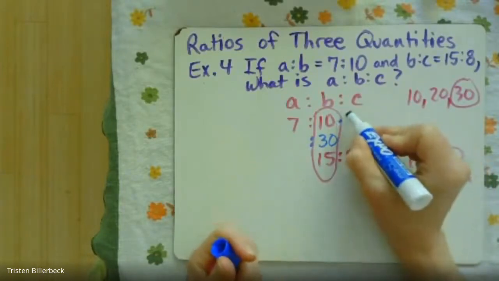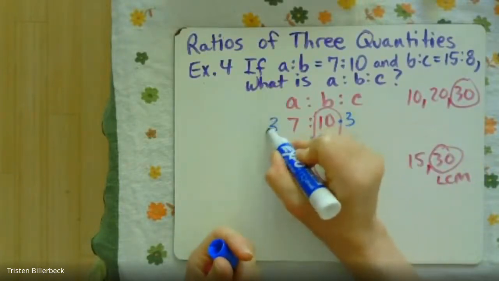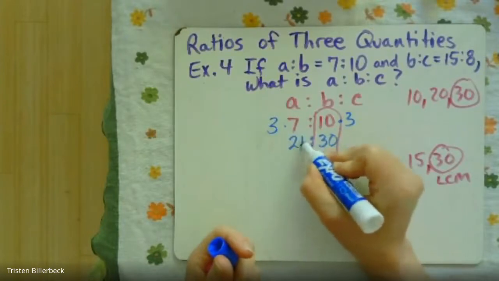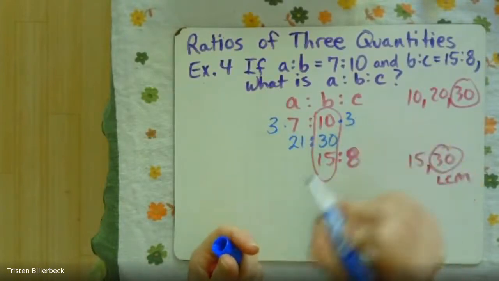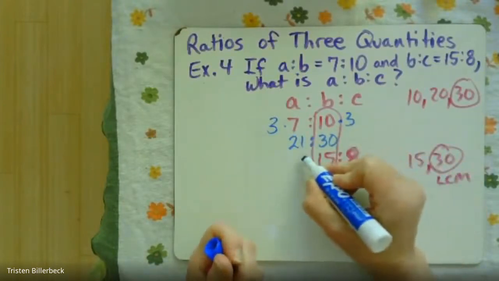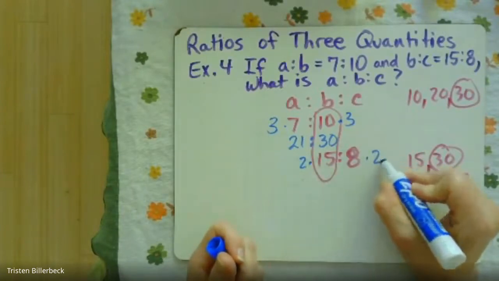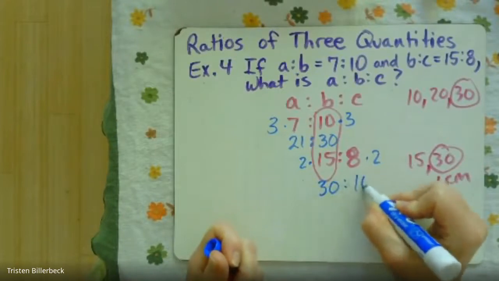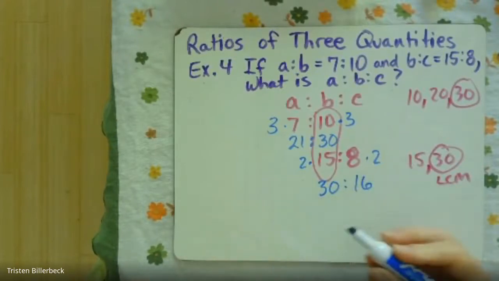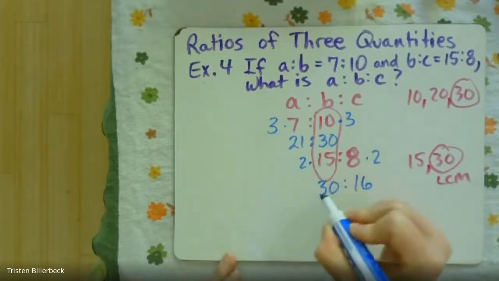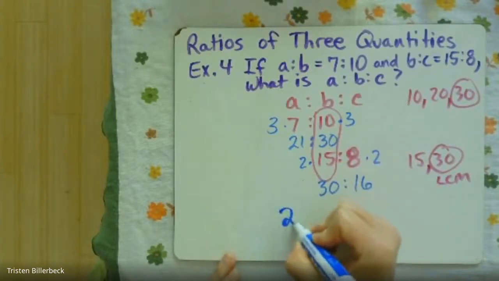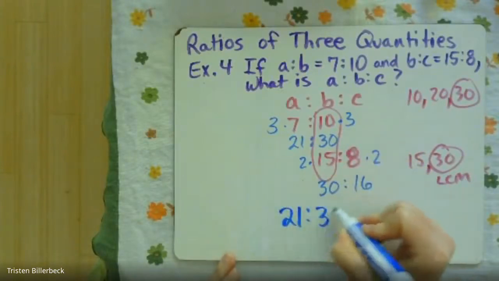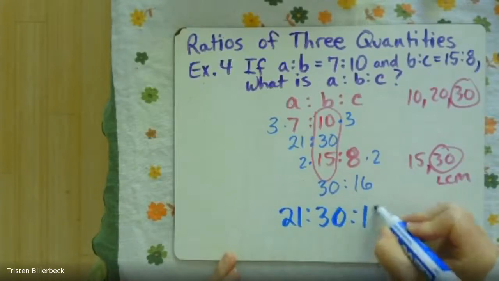And how I do that is I multiply by 3 here and here. So I get 21 to 30 on this side. Now, if I multiply by 2 on both of these, I get 30 to 16. So my final answer then is going to be 21 to 30 to 16.